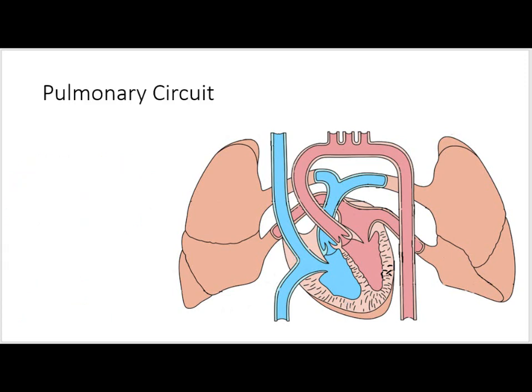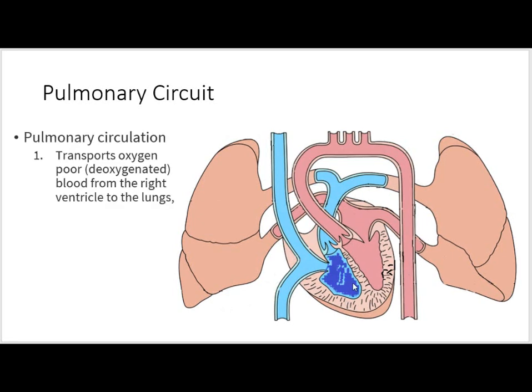Let's look at the pulmonary circuit in more detail. In the pulmonary circuit, let me change the color to red so you can see it. This is the right ventricle.